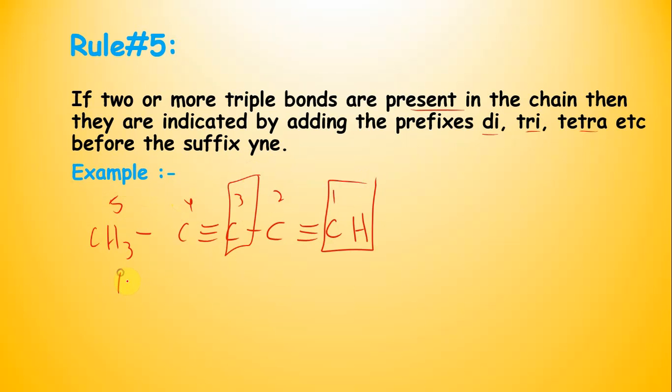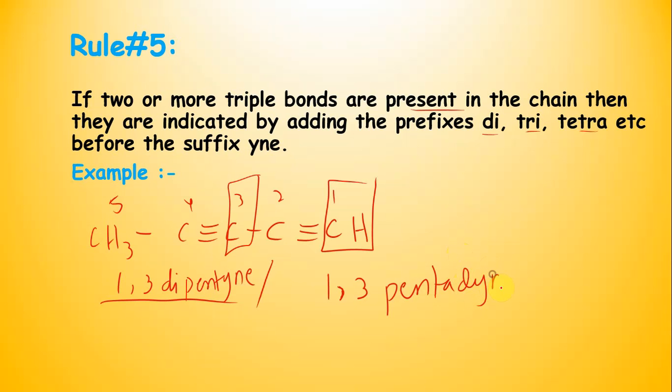So we will write 1,3-di, because there are 2, and the complete name is 5. That is 1,3-dipentyne. In other words you can also write it as 1,3-pentadiene. This is another way you can give the name.